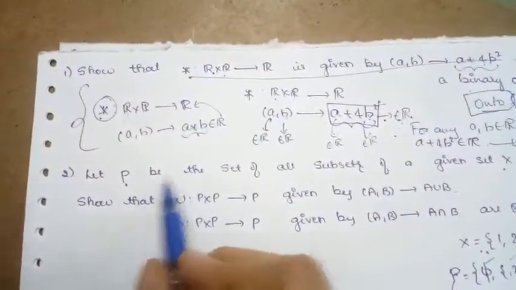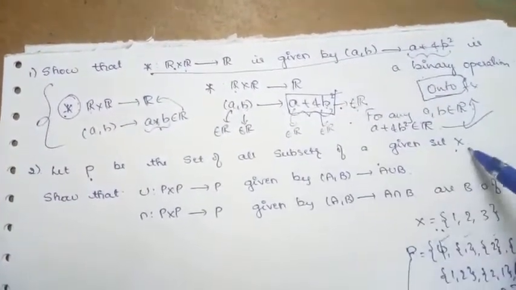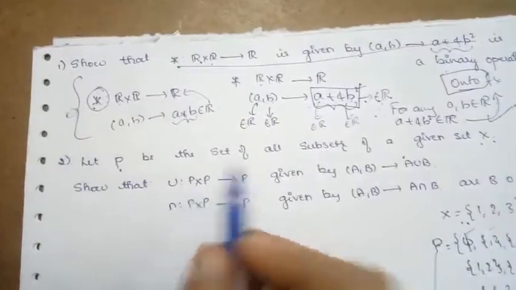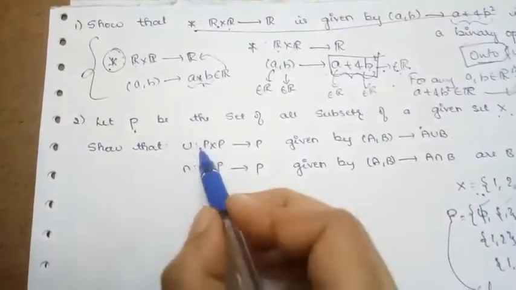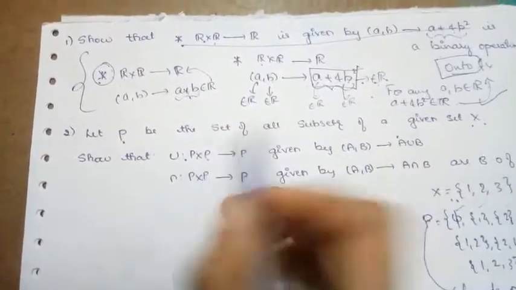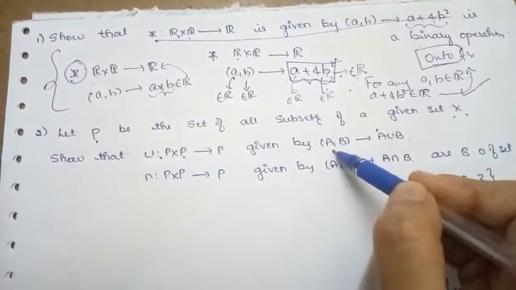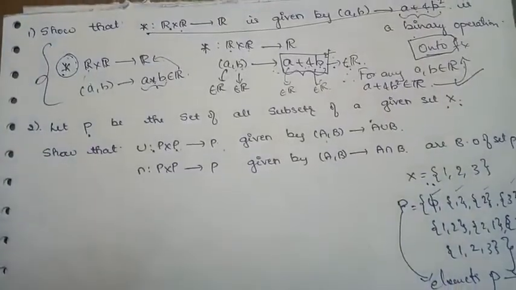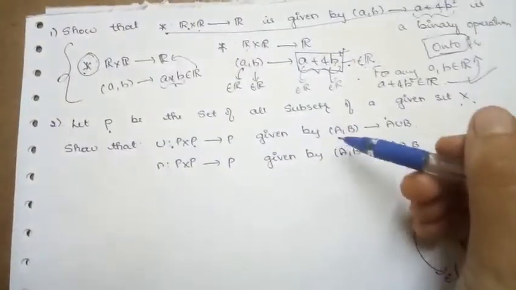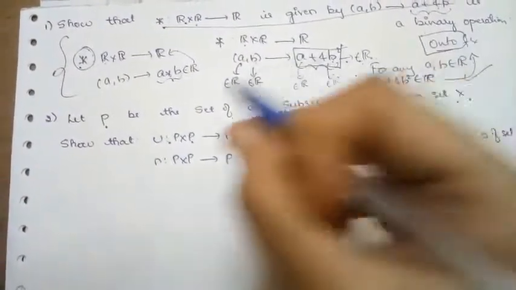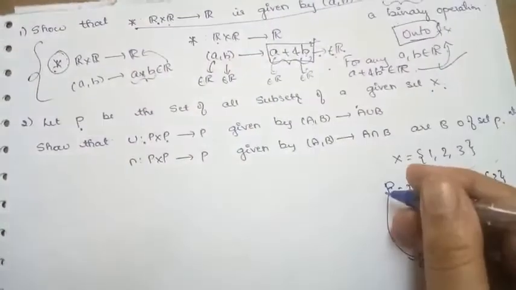So clearly, P is the set of all subsets of a given set X, and now we need to show that union on the power set, P cross P to P, is given by (A, B) such that A union B. That means here A is an element from the power set P. What will be an element in the power set?